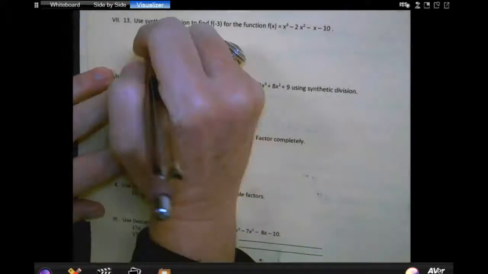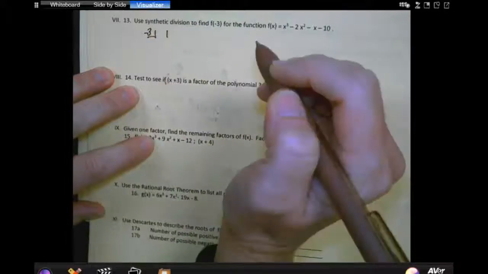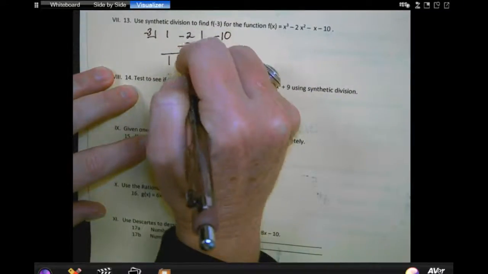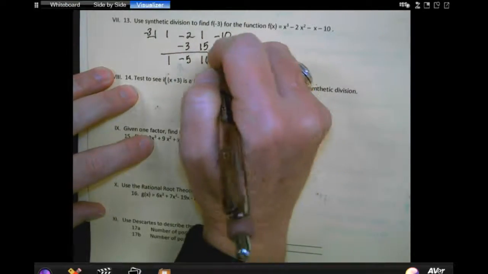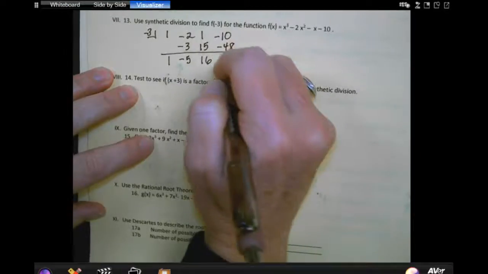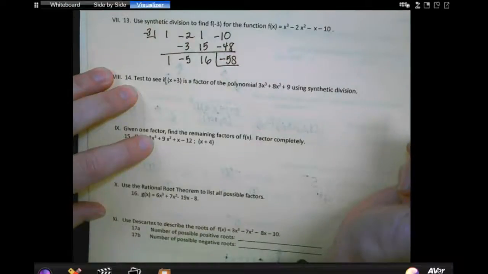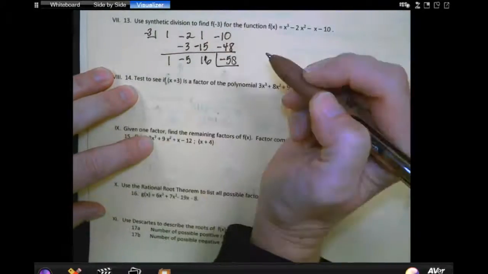If I test negative 3, yeah, this isn't right. Negatives. This is negative 14.